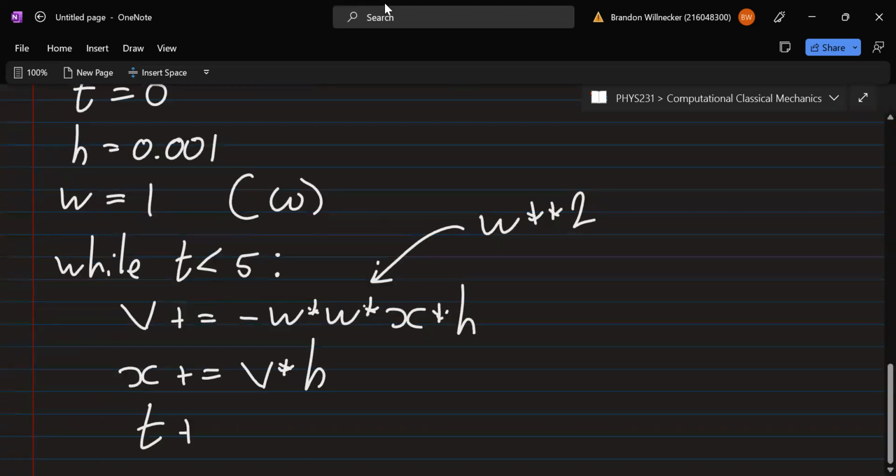So t plus equals the time step. Now, again, like in the previous example, I'm not going to save these values because we're not going to look at the analysis in this lecture. We will look at the analysis in the tutorial. Okay, so we'll leave it at that for today.